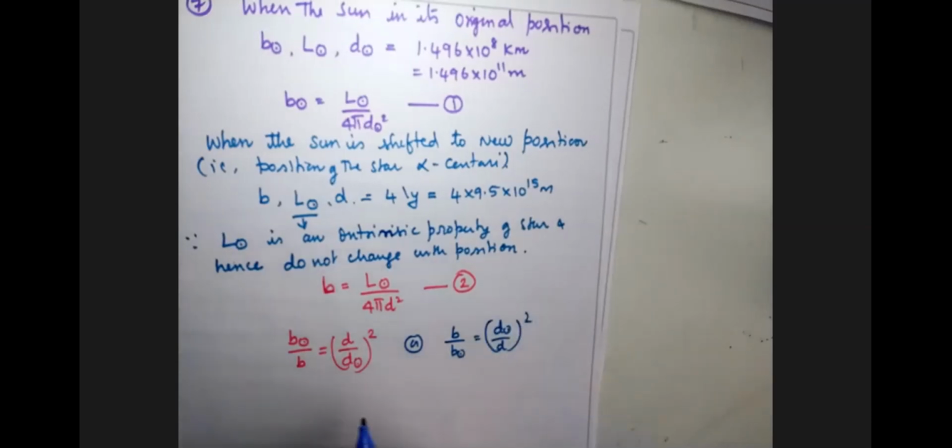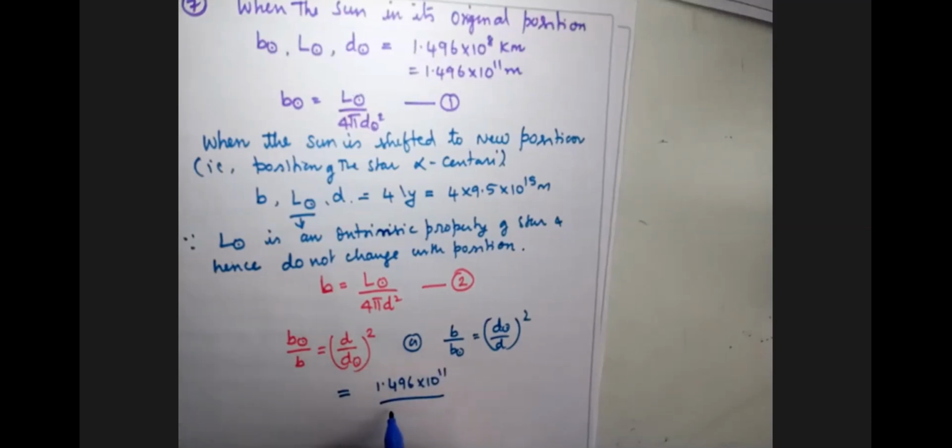Substituting the values, we get D naught is 1.496 into 10 to the power of 11 divided by D is equal to 4 into 9.5 into 10 to the power of 15 whole square. If we solve this, we get 1.55 into 10 to the power of minus 11.